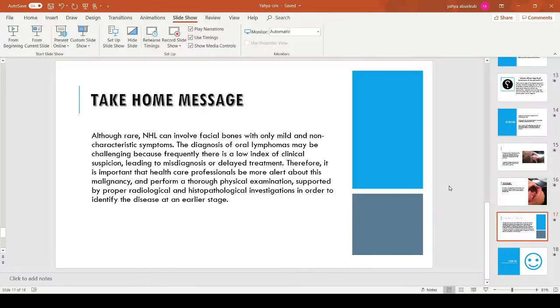They have to do a very thorough physical examination and supplement it with radiological and histopathological investigation in order to identify the disease and design a full treatment plan that coincides with the patient's case.